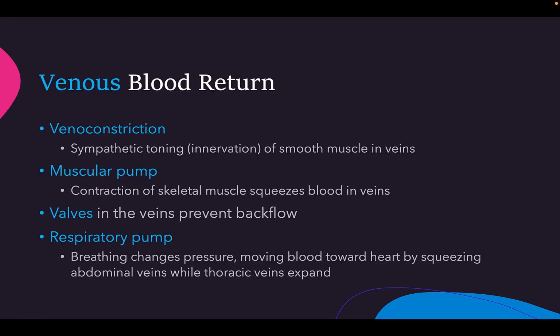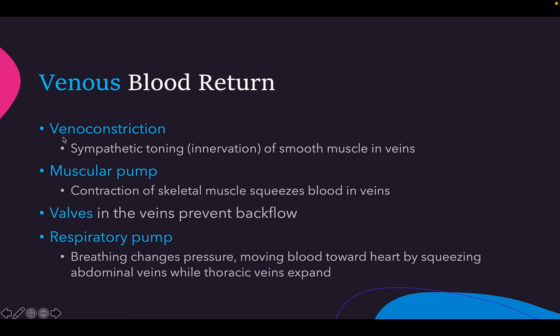And looking at venous blood return, venoconstriction, so just in general, back up, there are 4 different paths or mechanisms that the venous system utilizes to return blood, because it's not under as much sympathetic control as the arteries. It is, but not to nearly the extent. And so there is a little bit of sympathetic control called sympathetic toning.